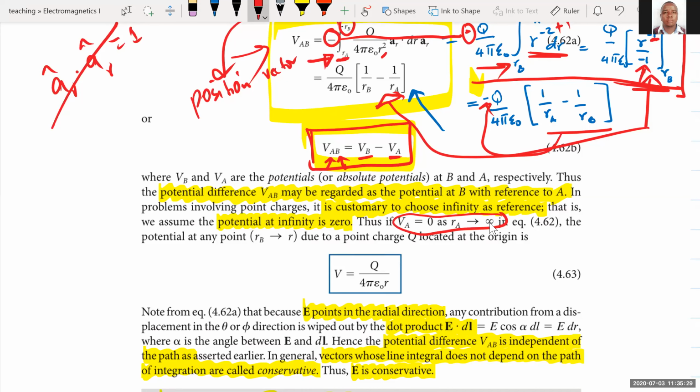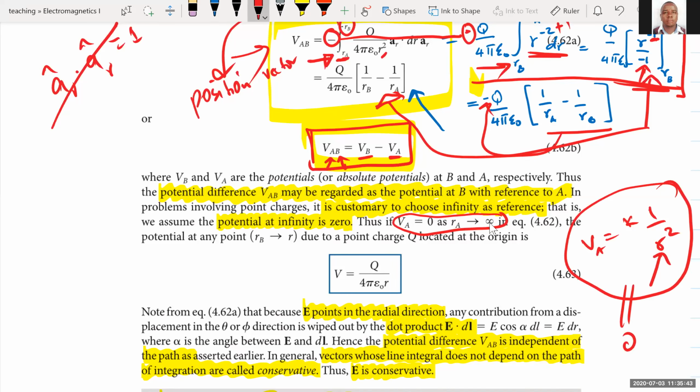This is simply because V_A is directly proportional to k over r. So if r is approaching infinity, then this final expression will simply become 0, and that again is rather straightforward. So when V_A is equal to 0, V will be given by Q over 4 pi epsilon naught r.